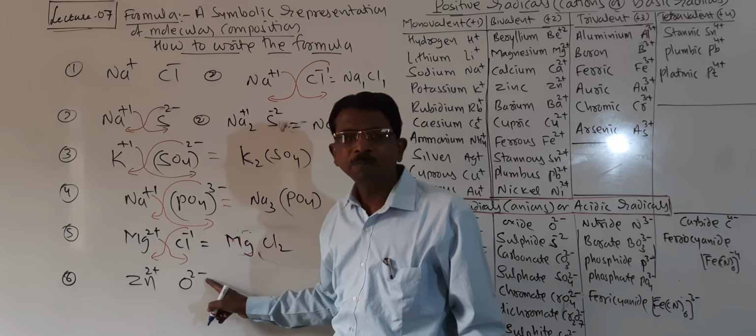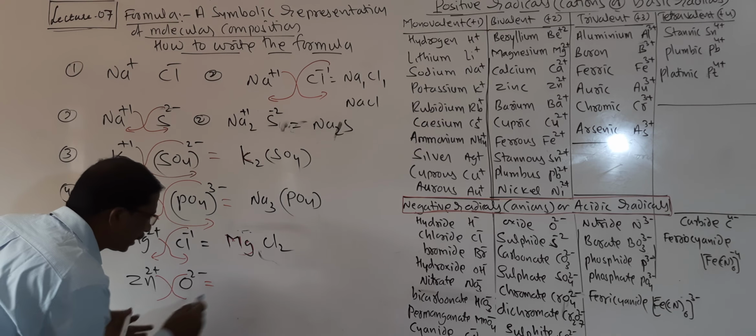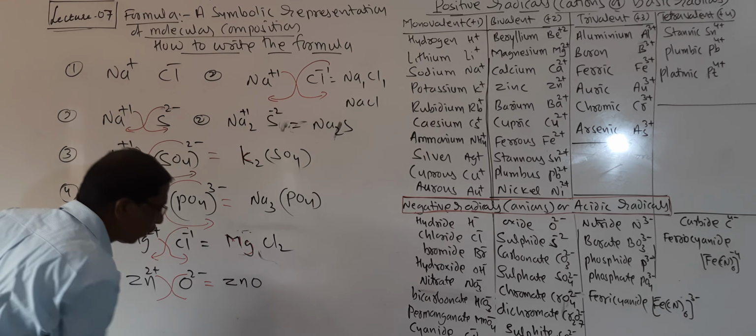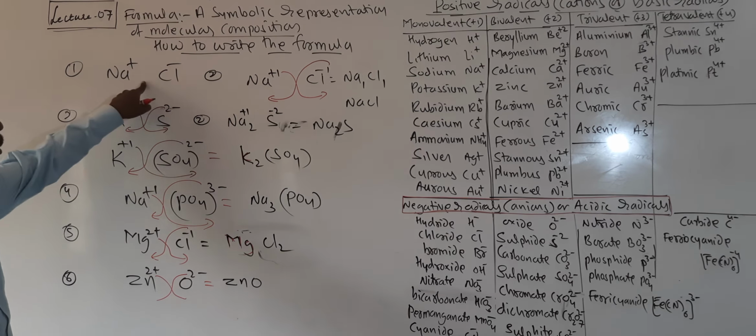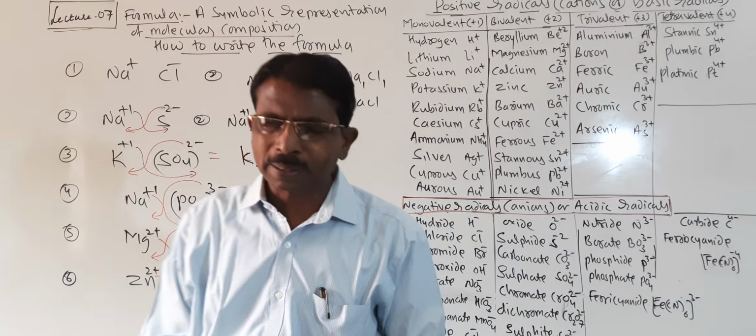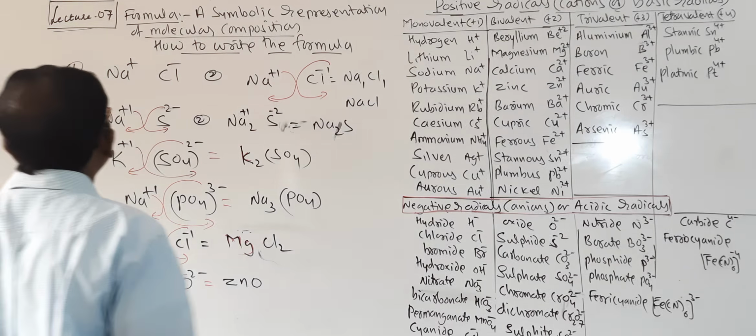When the charges are the same, then write as it is, because while cross multiplying both are having 2. In such cases write ZnO, zinc oxide, like sodium chloride. And here I have taken +1, +2, +2, and I will take another example that is +3.